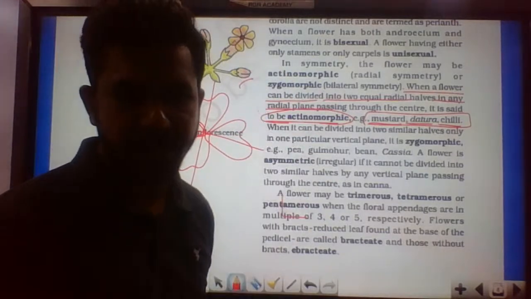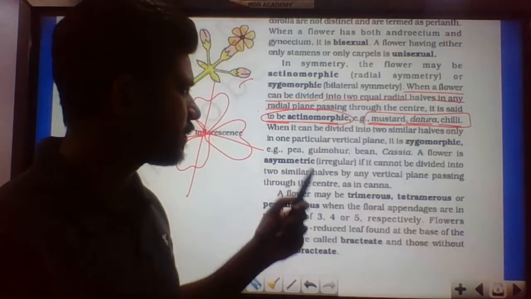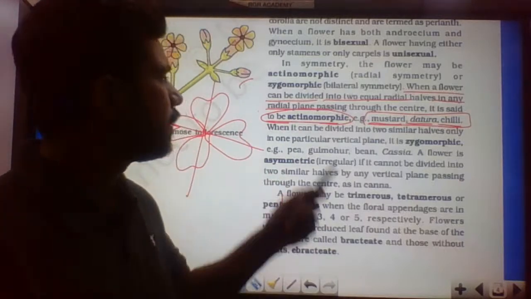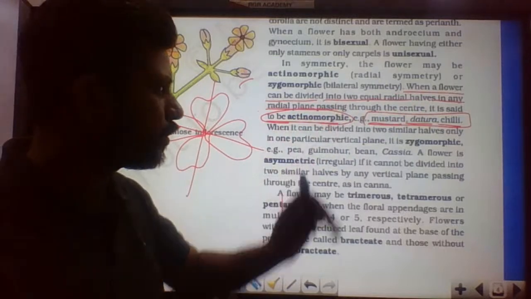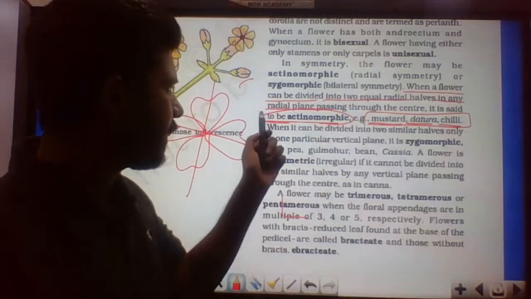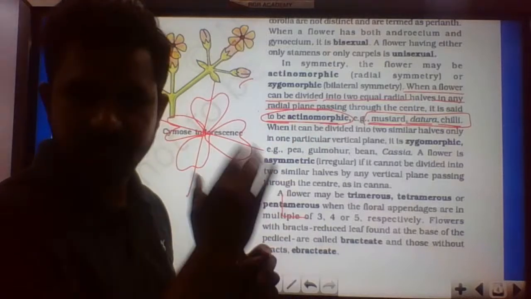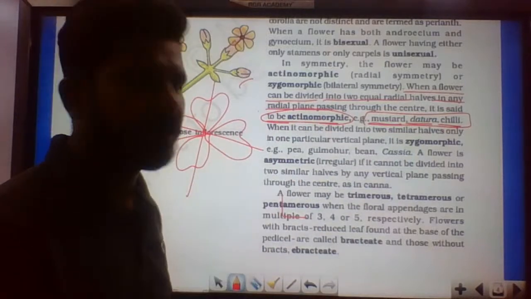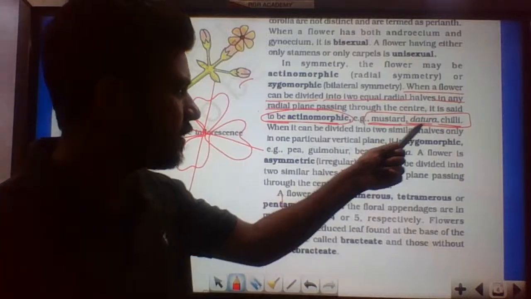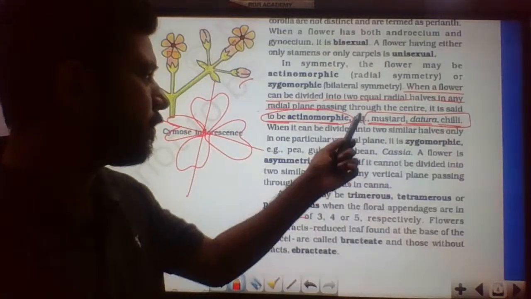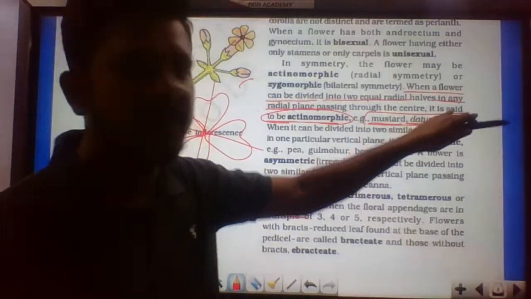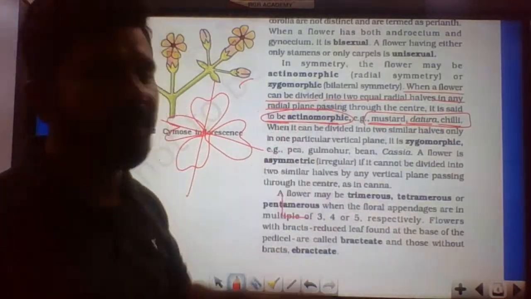There are three types of symmetry: actinomorphic, zygomorphic, and asymmetric. Actinomorphic: when a flower can be divided into two equal radial halves in any radial plane passing through the center, it is said to be actinomorphic, as seen in mustard, datura, chili. These three plants have actinomorphic flowers.